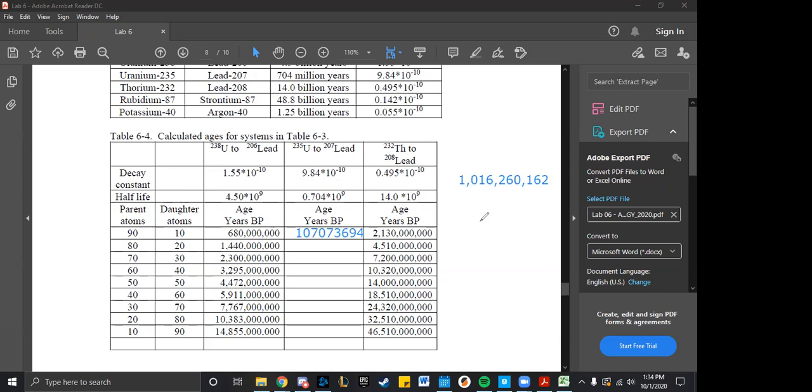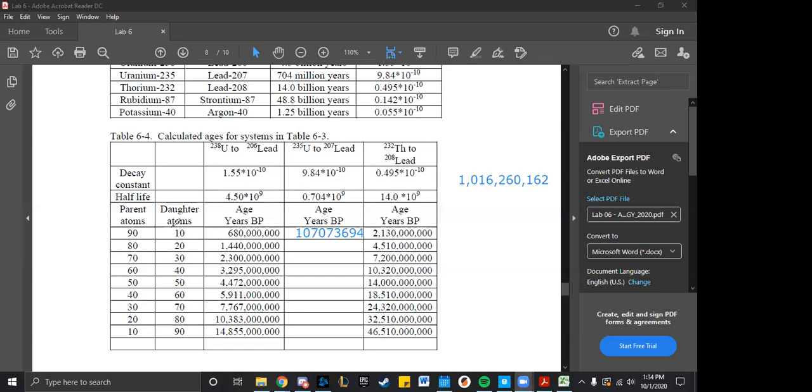Sure. Because I'm totally confused. I don't even know how y'all got all of this. Okay, so there's really 3 things that we need. We need this decay constant, and then we take that and divide it by 1, or 1 divided by that number.